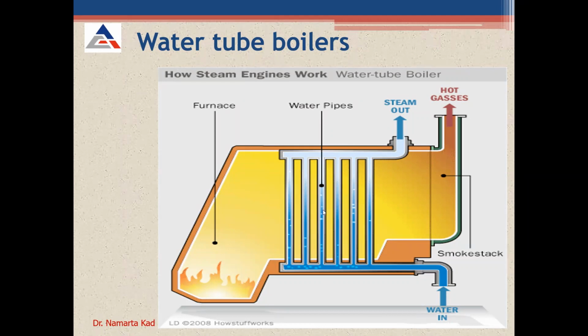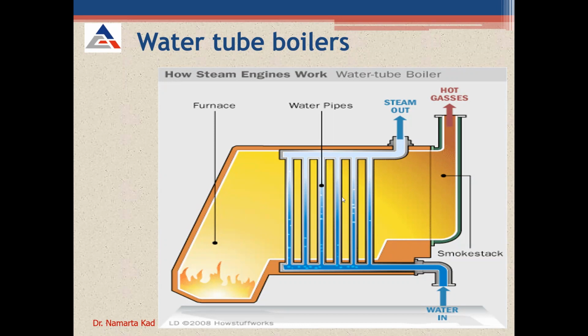Okay, so water starts flowing in from this water inlet. It starts flowing in the tubes, and in this furnace, the coal or any other type of fuel is fired. It reaches this furnace area, the combustion chamber, and there is heat all around these water tubes, through which this water converts into steam.